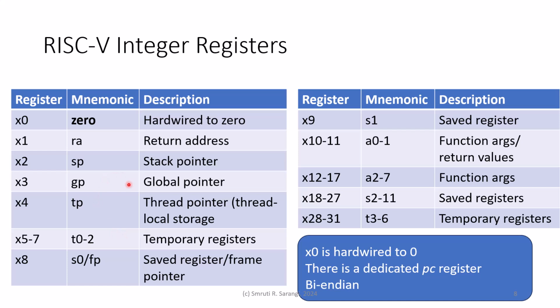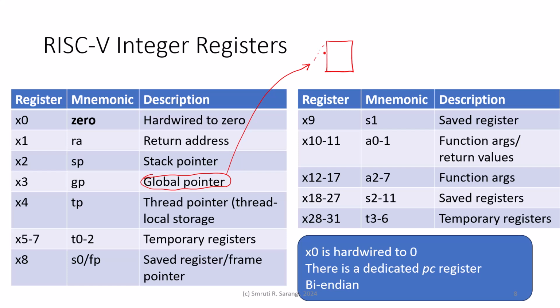Sorry, I stand corrected over here. So I would just like to amend what I said a minute ago. The global pointer is actually a pointer to a region of global variables. So sometimes what happens is that all the global variables are stored in one location.